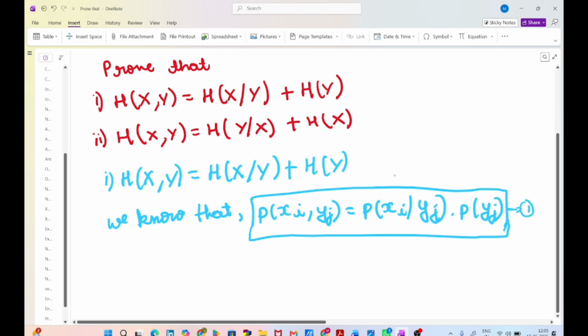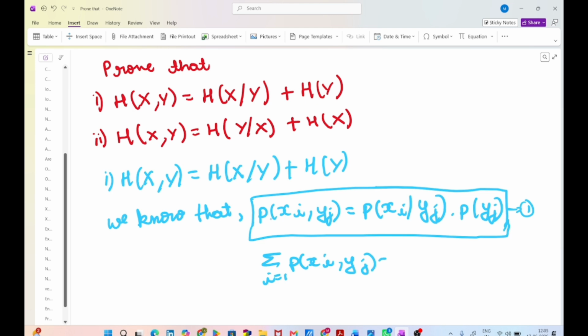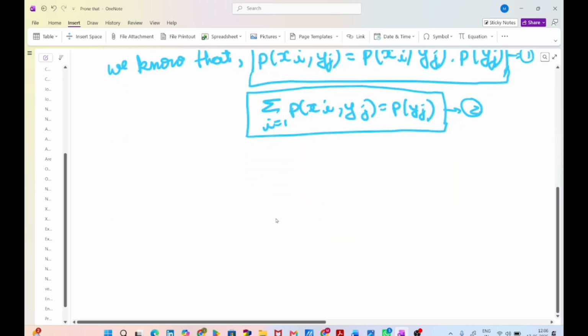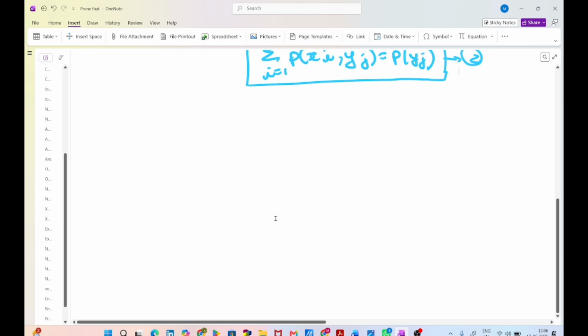And also we know the property: summation over i of p(xi, yj) is equal to p(yj). I will put a box to it. Let me consider this as equation 2.